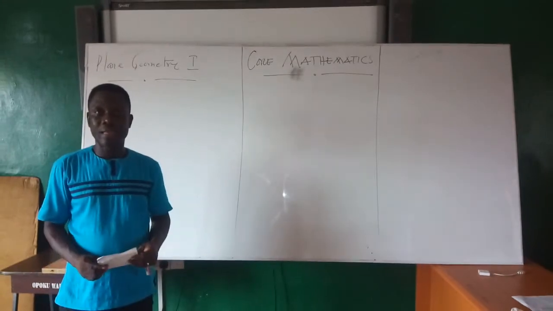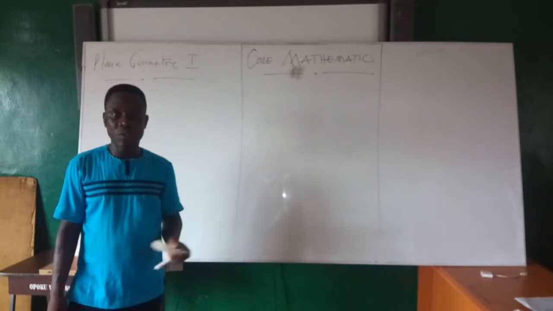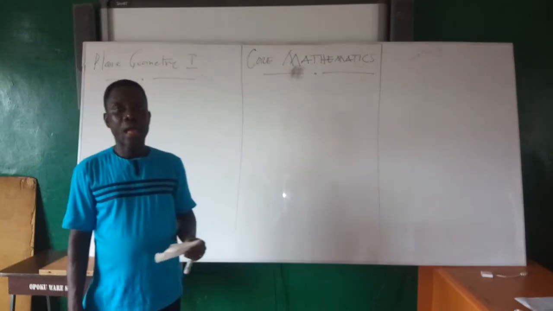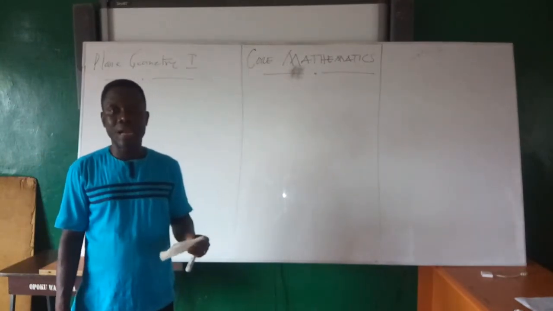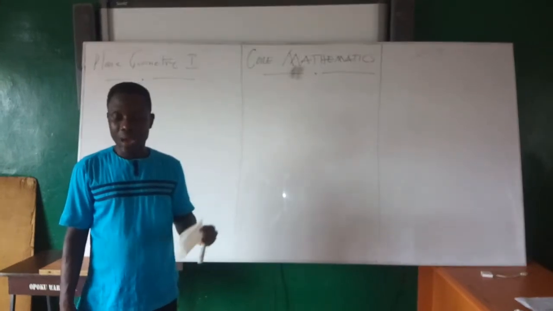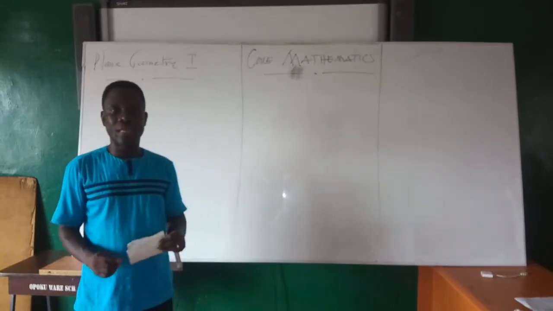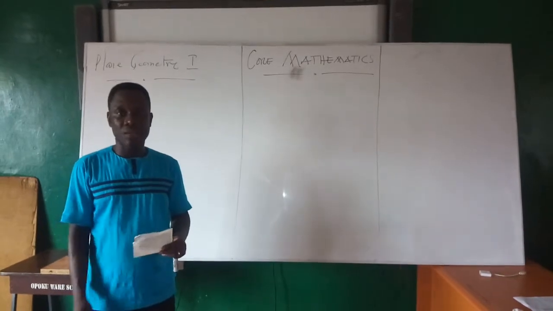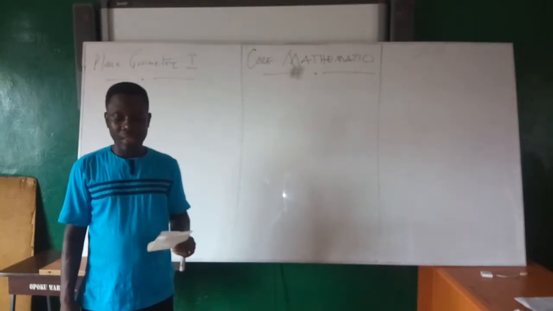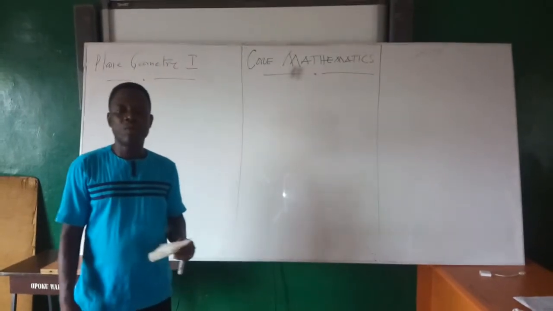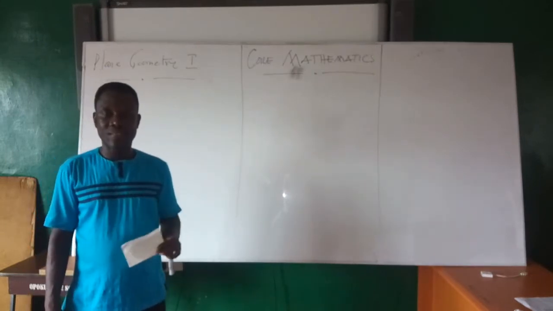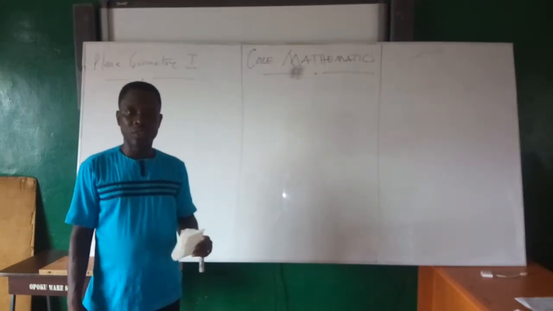Then in our last lesson I looked at the angle properties of parallel lines. Now today I want to take time to look at the angle properties of triangles. I'm Clement Menlah, your facilitator for today.